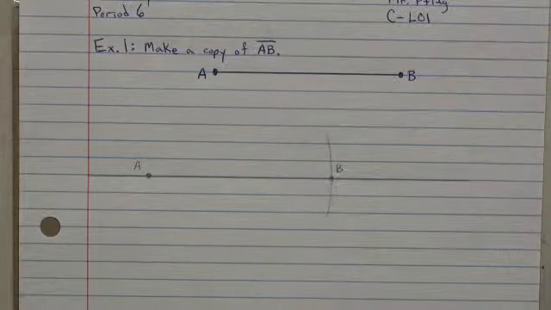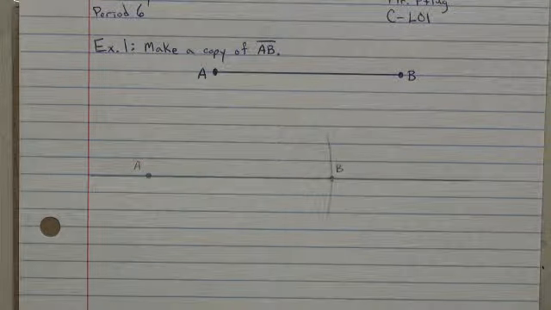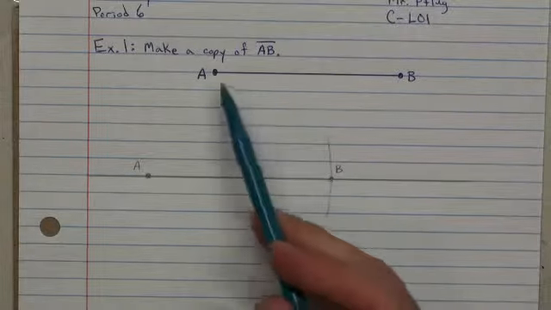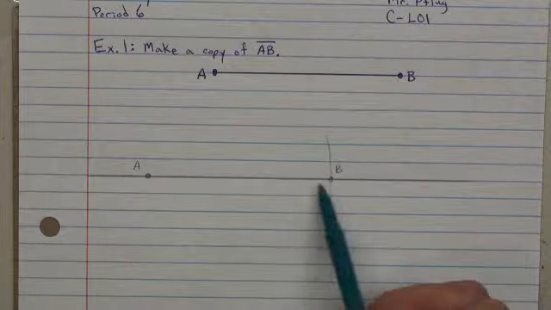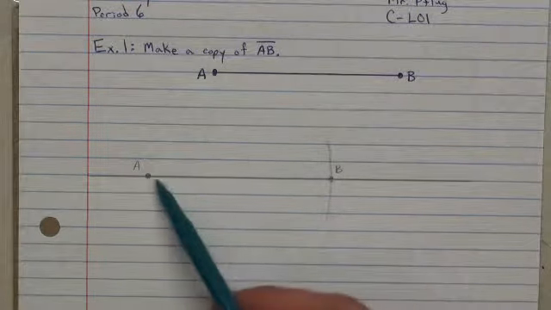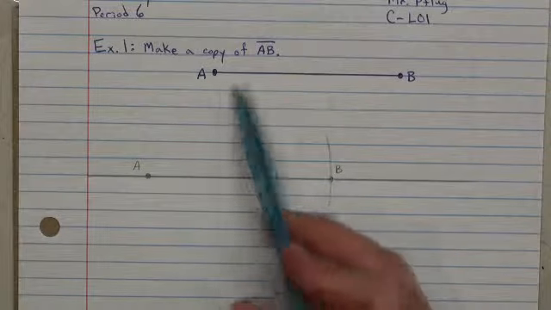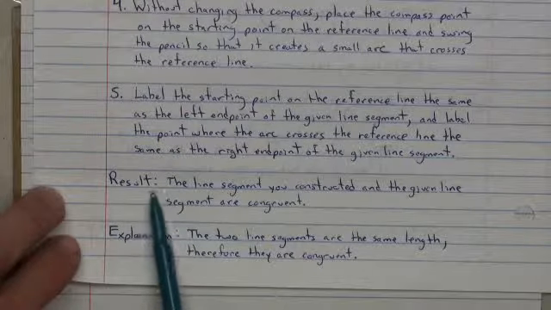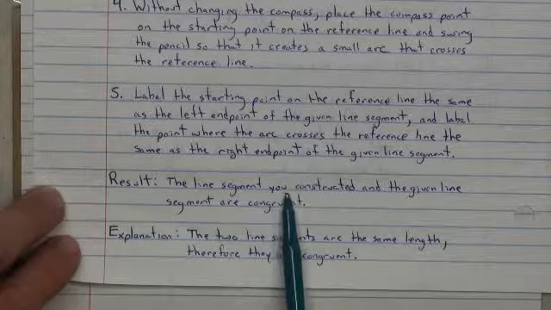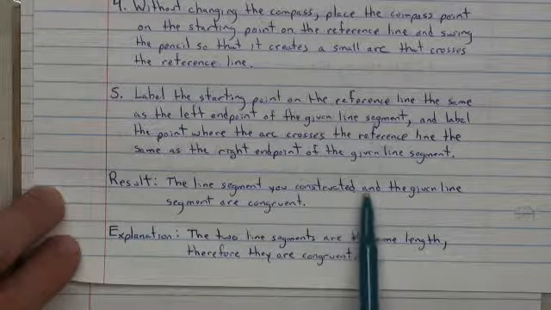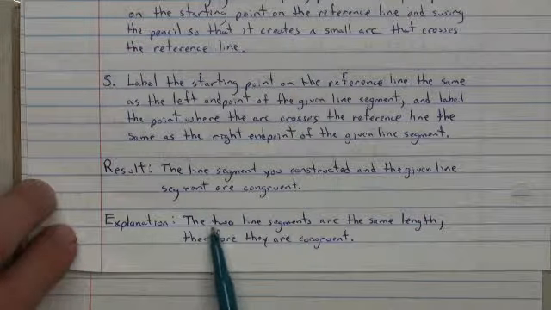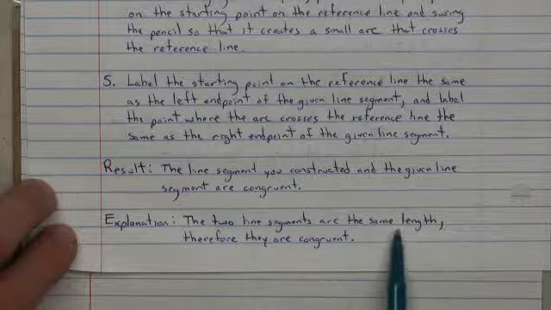Okay? Now, what I'd also like you to do is, now that we have constructed, we've copied our line segment, we've done our construction, which is this AB is a copy of this line segment AB. Our result is that the line segment that you constructed and the given line segment are congruent. And we know that because the two line segments are the same length.